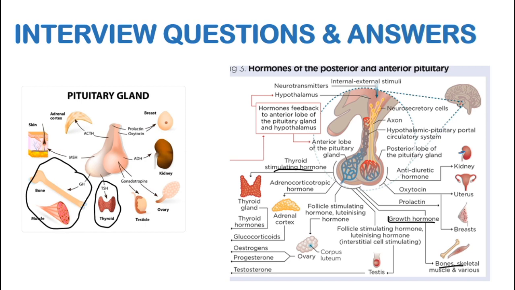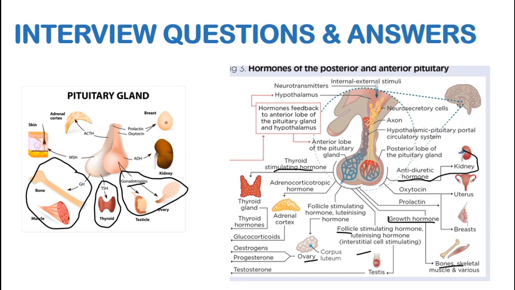And next, gonadotropes, also called FSH, follicle stimulating hormone, which is helpful for the ovaries and for the testes, estrogen and progesterone. For testes, for ovaries, FSH. This is about the gonadotropes. And ADH, antidiuretic hormone.